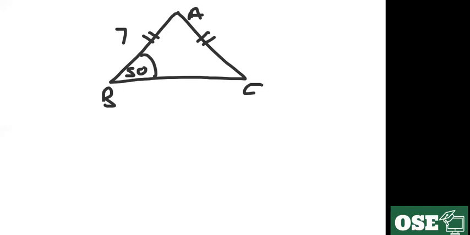Why? AC is equal to AB, as shown. And because AC equals AB, what kind of triangle is this? Isosceles. And therefore, angle C is 50, correct.